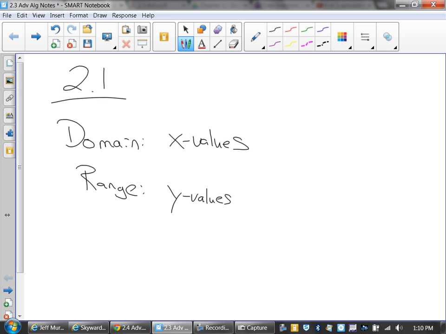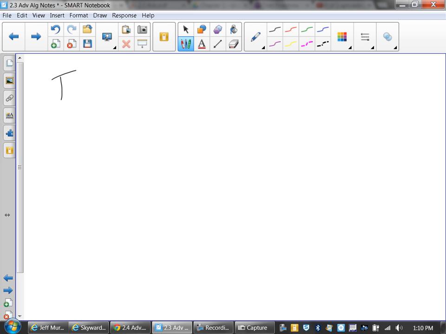I love it. The other part of that I want to look at is a function. In this class, we talk lots and lots about function. And there are specific rules that govern why something is or is not a function. And it's quite simple to remember.